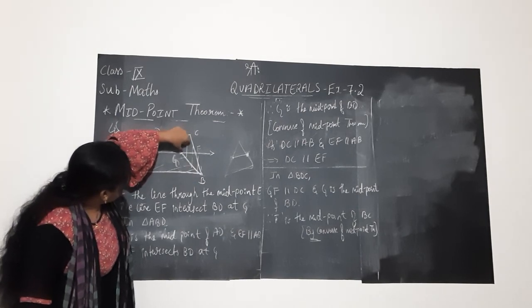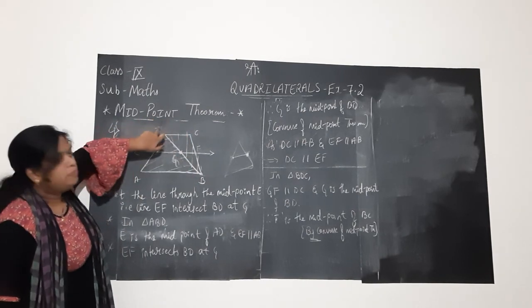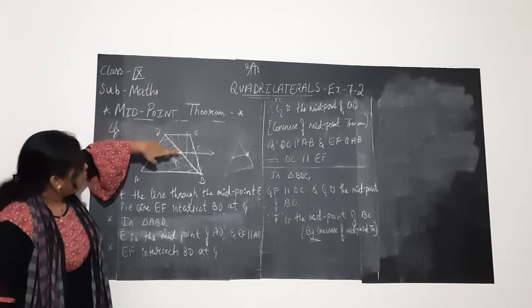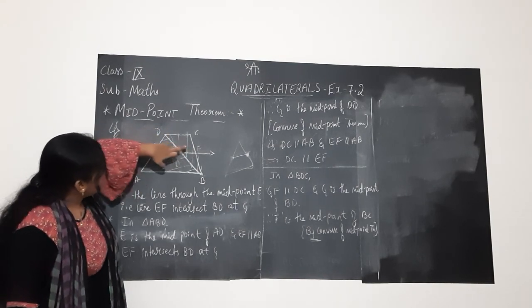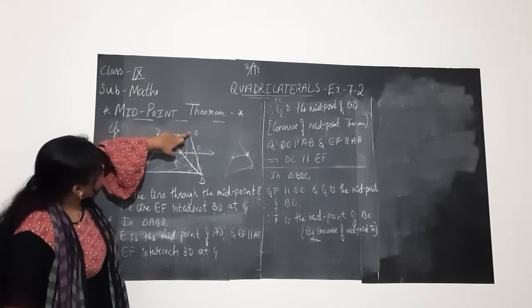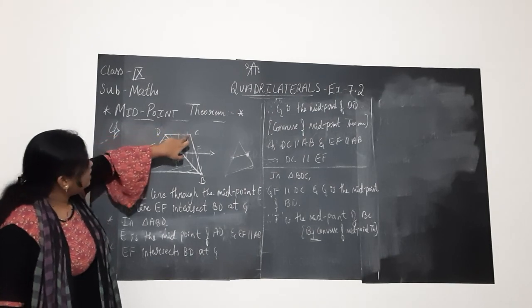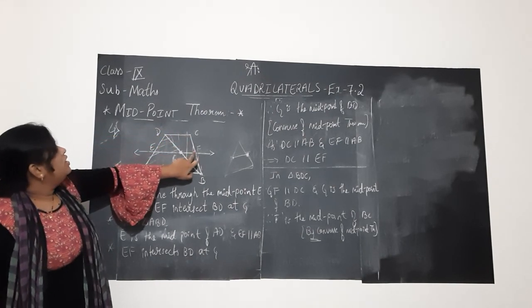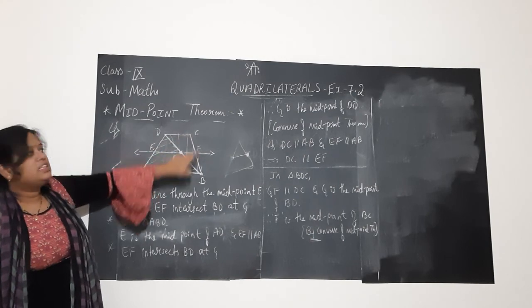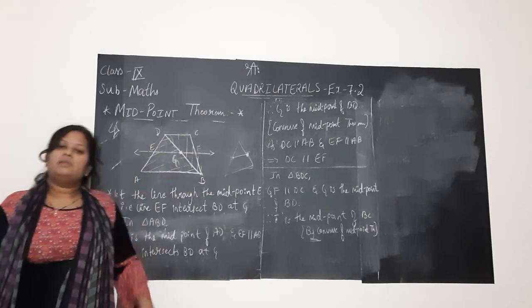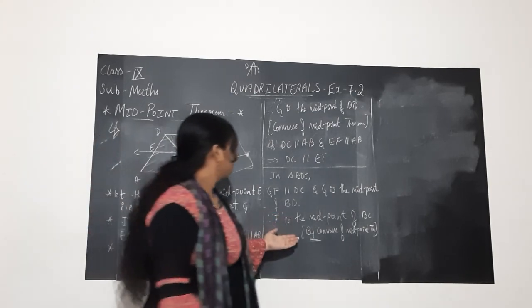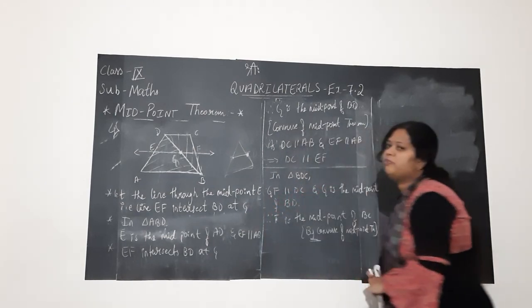G is the midpoint of side BD of the triangle. From G, if you draw a line segment parallel to the second side of the triangle, then that line segment bisects the third side, and obviously F is the midpoint from the converse of the midpoint theorem. That is what I have proved here.